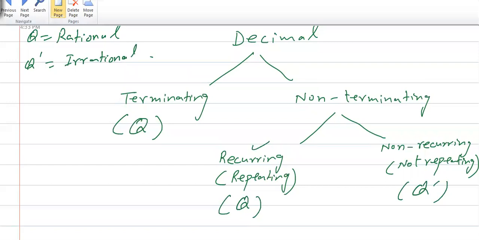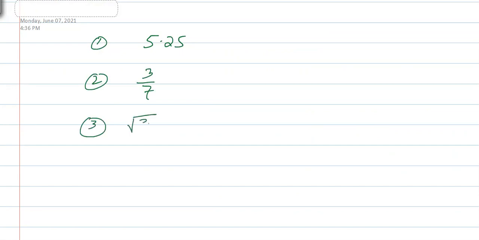Let's take an example here. Example 1 is 5.25. Number 2 is 3 over 7. Number 3 is the square root of 3. Number 4 is 503.